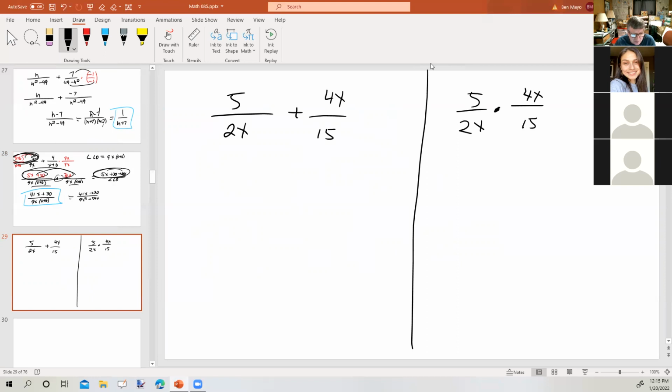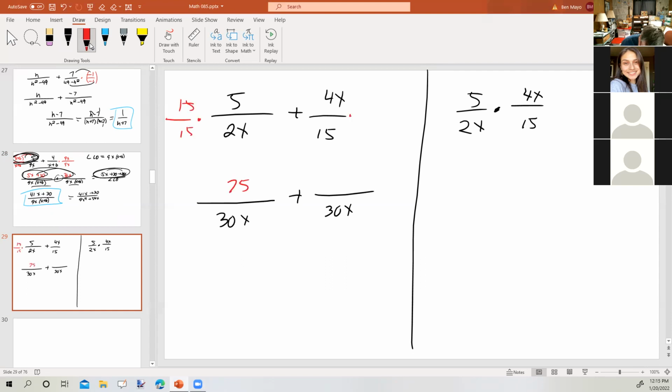When you're multiplying or dividing fractions, you don't need a common denominator, and finding one is a waste of time. So this first one, our LCD is 30x. So we're going to multiply by 15 over 15 and get 75, by 2x over 2x and get 8x squared. And our final answer is going to be 75 plus 8x squared over 30x.